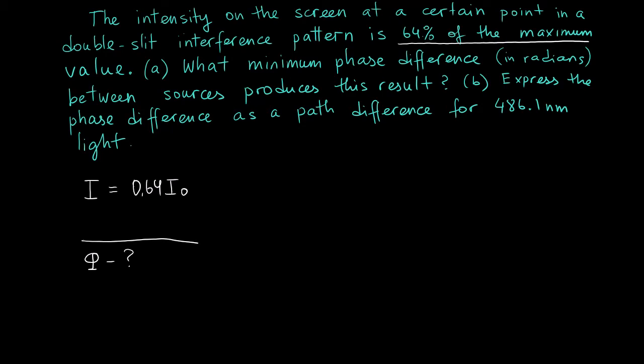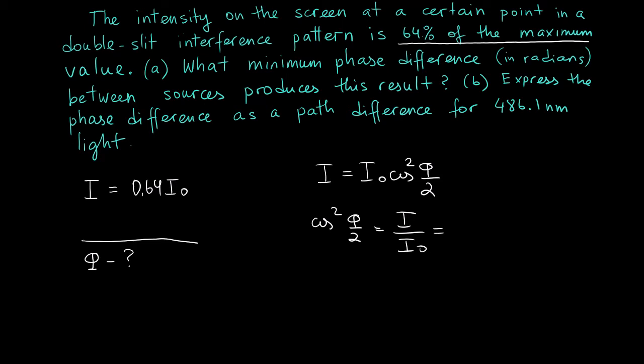So going back to our expression, the intensity at any point in the pattern equals I naught cosine phi over 2, squared. So from here we can find phi by dividing both sides of this equation by I naught. So we will have cosine squared phi over 2 equals I over I naught.